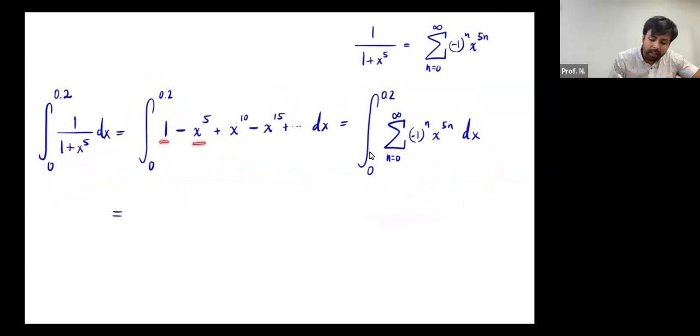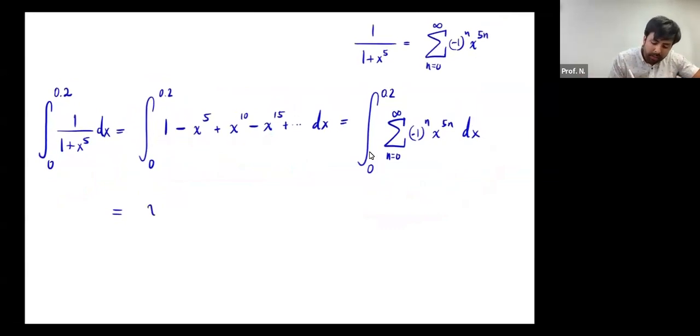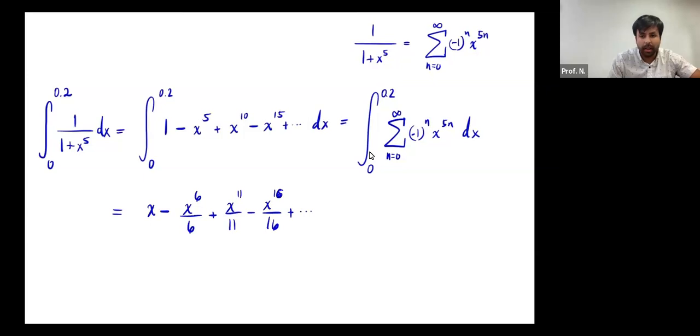Because now I can find the antiderivative of each of these terms quite simply. So this would be x minus x to the 6 over 6 plus x to the 11th over 11 minus x to the 16 over 16 plus, and so on. And I can also rewrite this as the summation of -1 to the n, the integral from 0 to 0.2. Oh, and I forgot one thing.